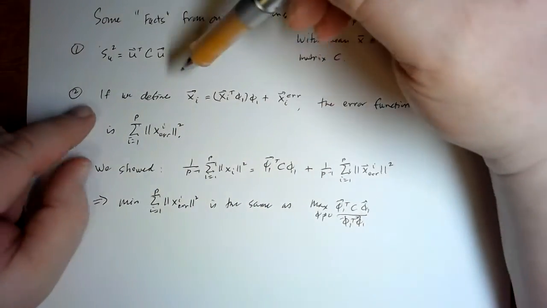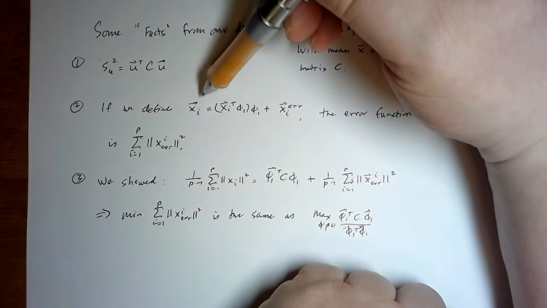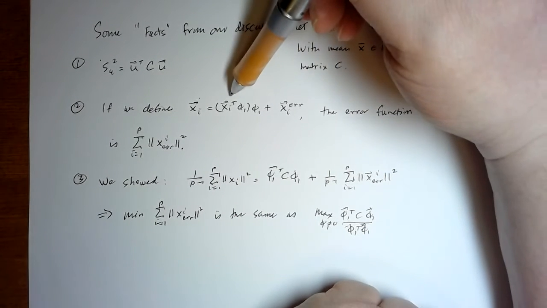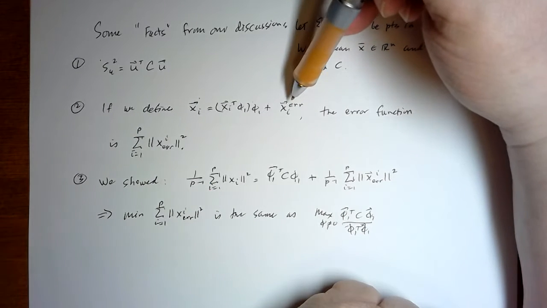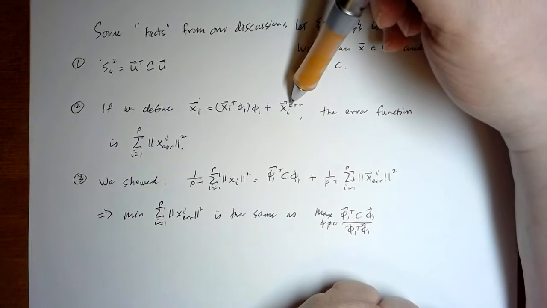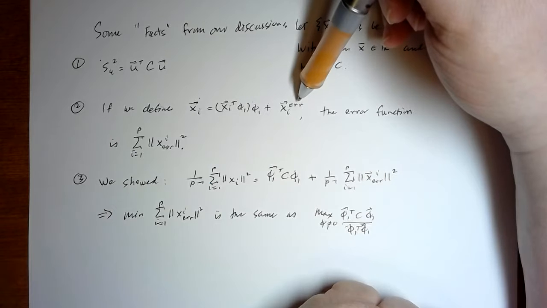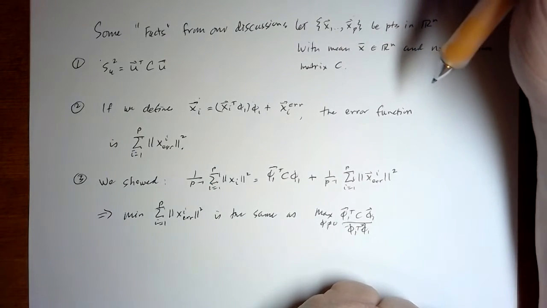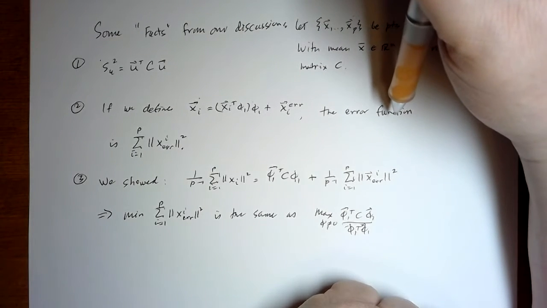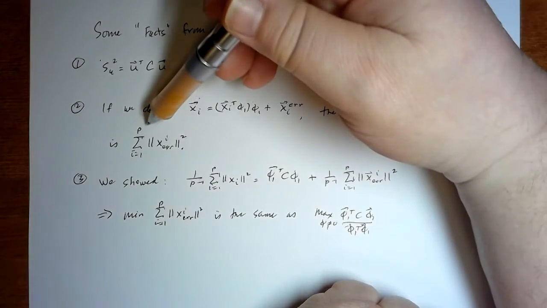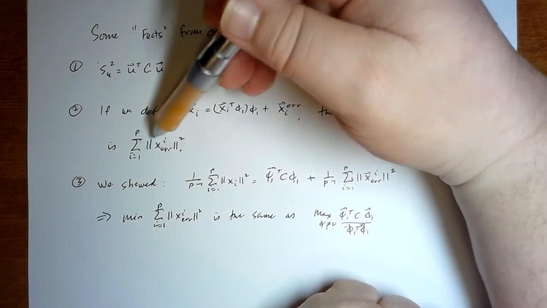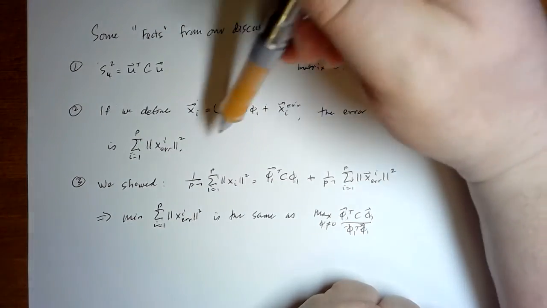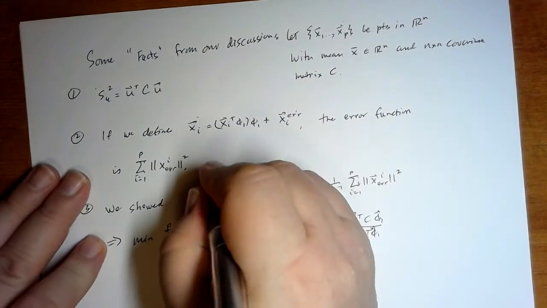Now, if you define xi to be the projection to phi1 plus the error, what we're calling the error is actually the projection to the other n-1 basis vectors, whatever those are. Then what we're trying to do is minimize this error function. So this is called minimizing the reconstruction error.